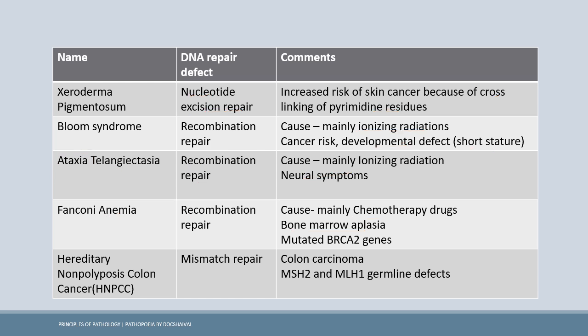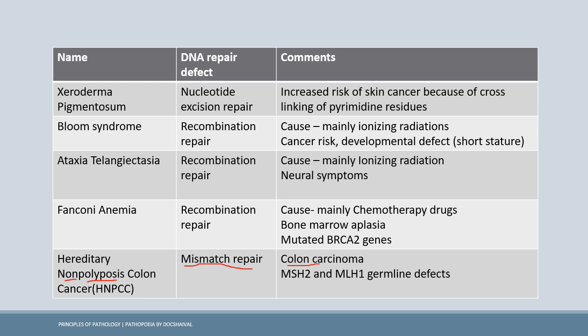The last one to be aware of is the hereditary non-polyposis colon cancer, HNPCC, and the defect is the mismatch repair. And as the name suggests, it is associated with colon carcinoma. Now, it is the non-polyp type colon carcinoma. Recall that APC is involved in the polyp type, and APC used to degrade the beta catenin and hence acted as a tumor suppressor gene.